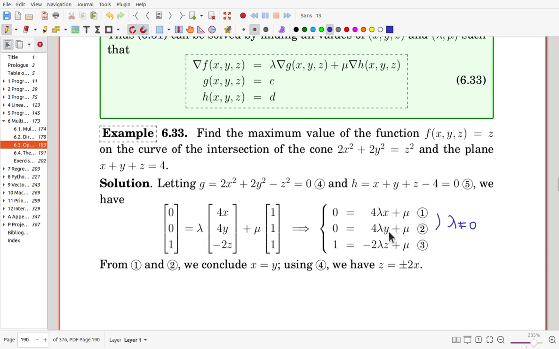Once lambda is non-zero, the left-hand side is the same, so here 4 lambda is the same, and x must be y. And if we plug this into that one, then we reach this. By using these two equations, you can express it as a quite simple function of one variable, so you can decide the one variable. Then here you can decide the other two. So you can finish the computation yourself.